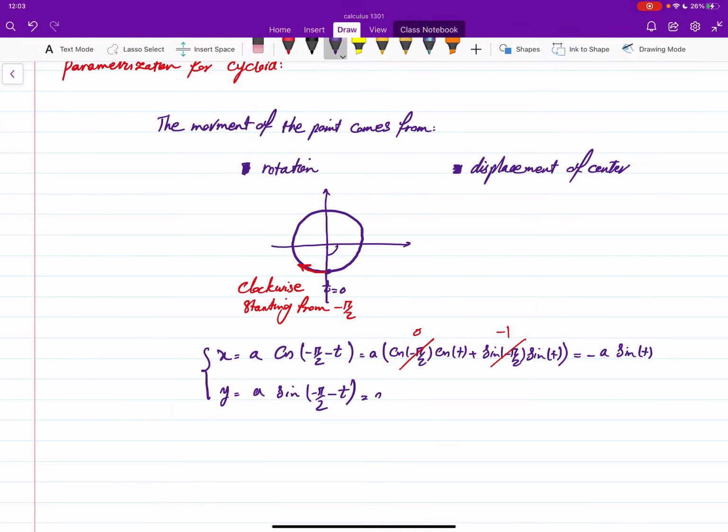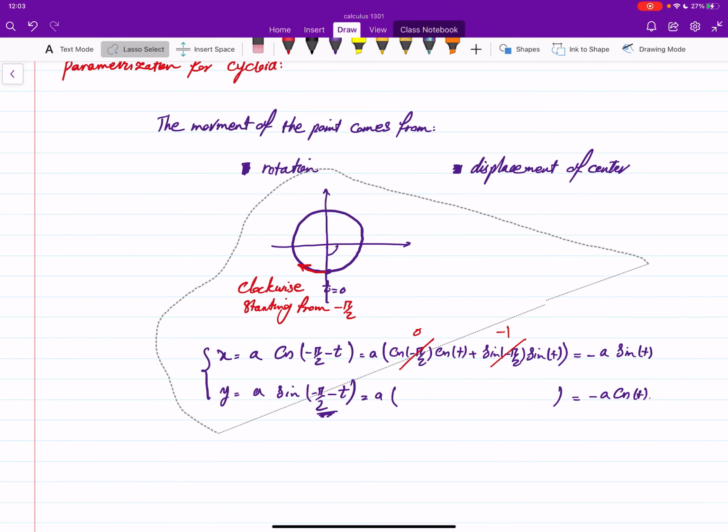The same kind of argument works here. Remember the formula for sums or differences of two angles. You expand that and find the terms related to negative pi over 2, and what you will find is a cosine t. Well, that is the rotation part.